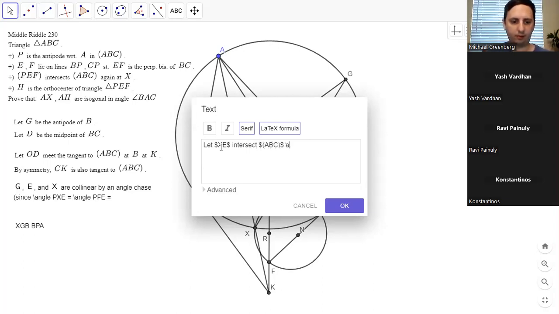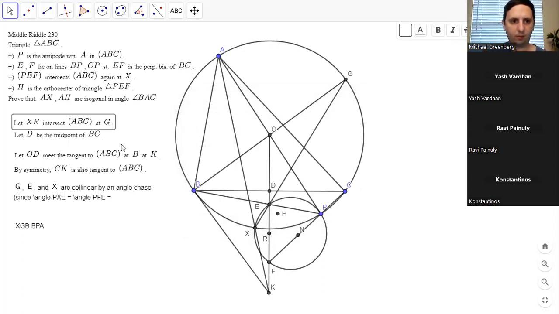I thought of it a little differently, but this works also. Once we do that, it's easy to show that ABPG is a rectangle.